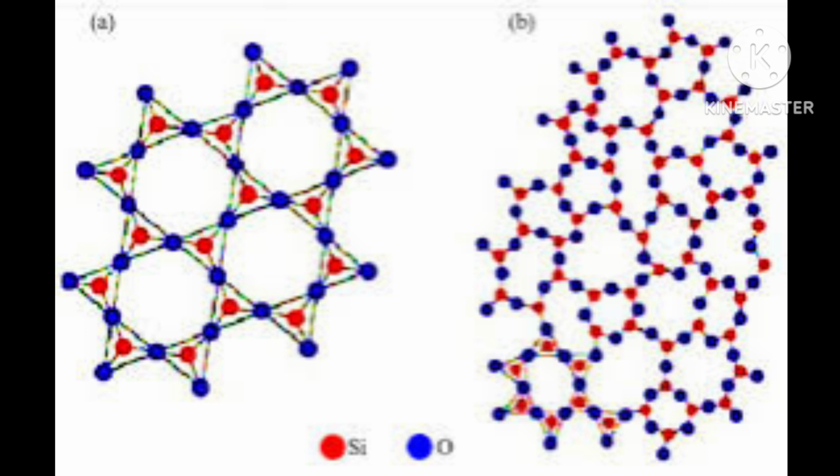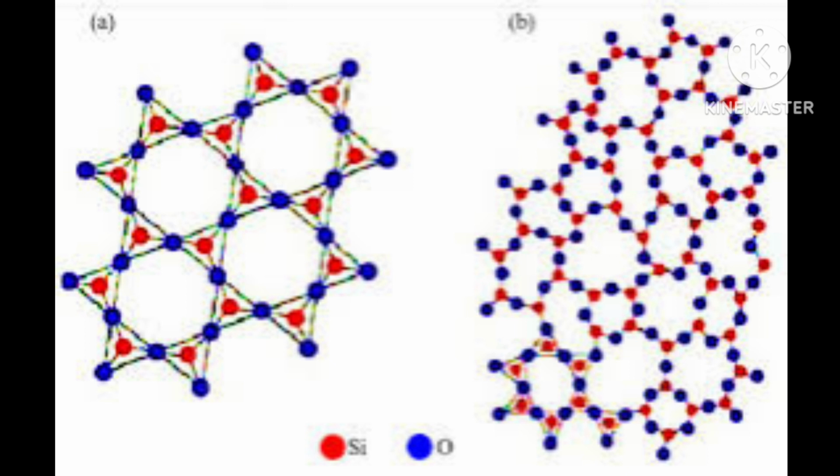Graphite is soft and a conductor of electricity. This is the exception. I told you they are non-conductors of electricity, but graphite is soft and a conductor of electricity. It is a covalent compound, but it is a conductor of electricity.